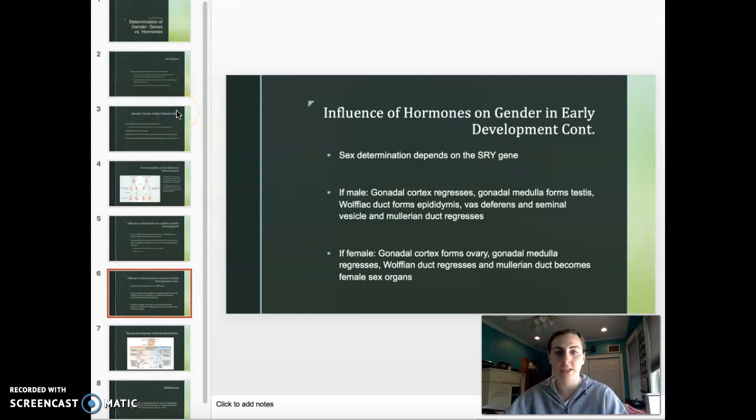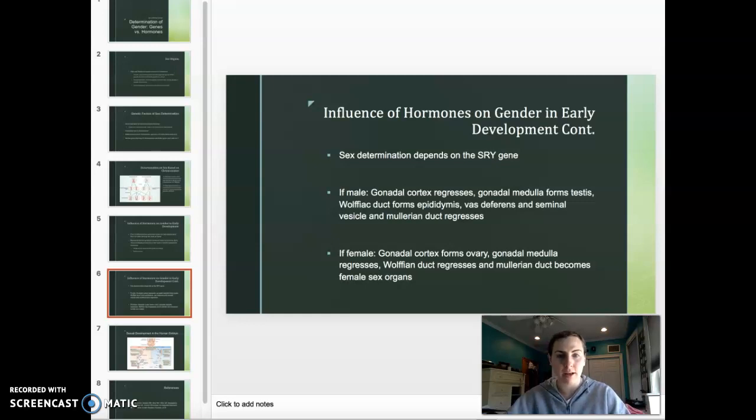A continuation of this topic of the influence of hormones on gender in early development: sex determination depends on the SRY gene. If the individual is male, then the gonadal cortex regresses, and the gonadal medulla forms the testes. The Wolffian duct forms the epididymis, the vas deferens, and the seminal vesicle, and the Müllerian duct regresses.